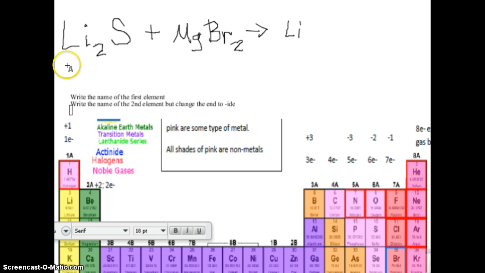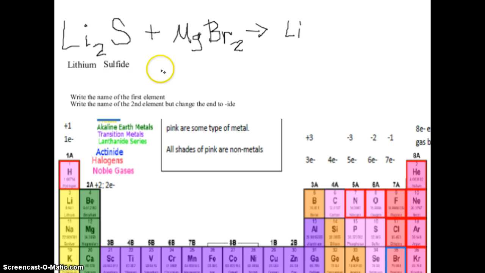All right, so what's Li? Li stands for lithium. And what's S? S is sulfur, but instead of sulfur, I want to change the ending to what? Ide. So it's going to be sulfide, lithium sulfide.